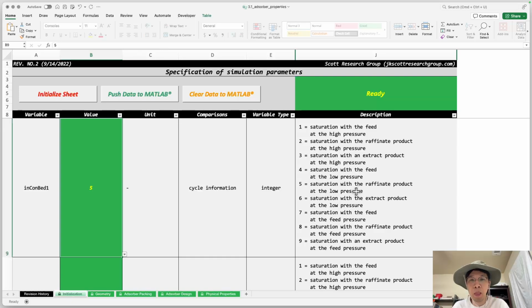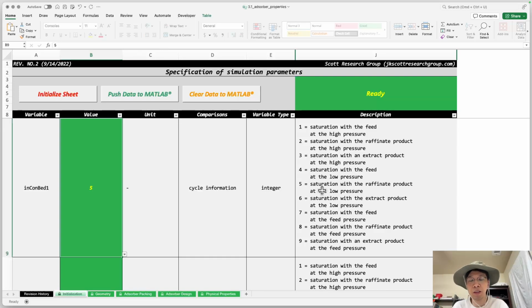So remember, why are we choosing this initial condition? Because for adsorption column 1, if we refer back to the pressure profile, it starts out at a low pressure. That's kind of clean, right? Because the initial state for bed 1 should be pretty much the end of the purge step, where you are at a low pressure and you have purged out all the residual heavy component from the void space.